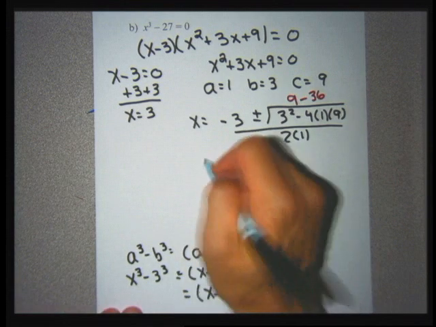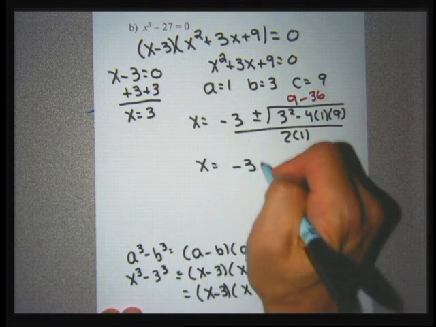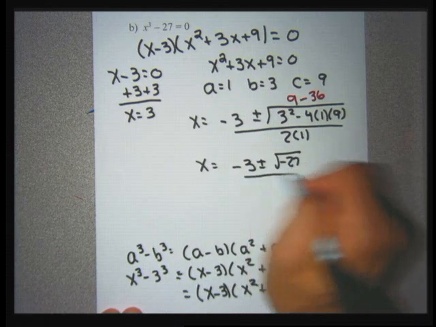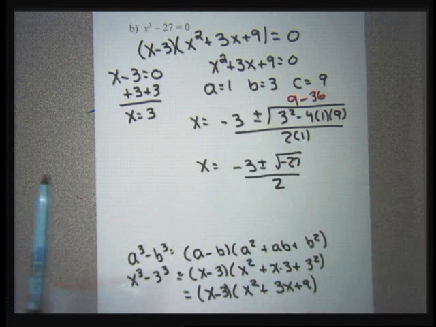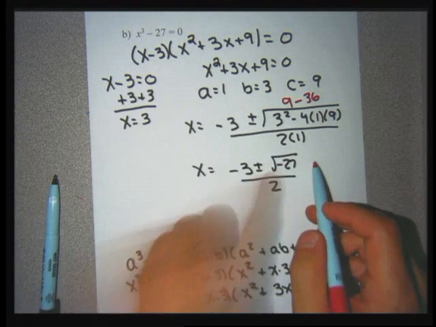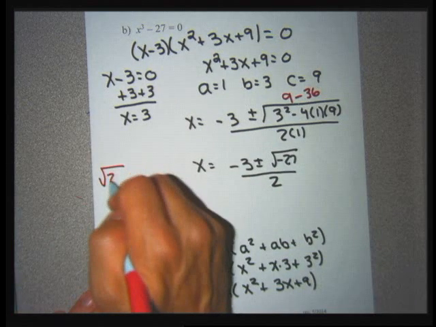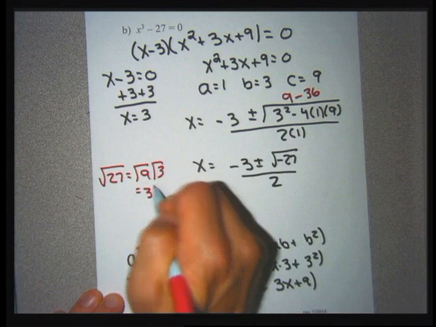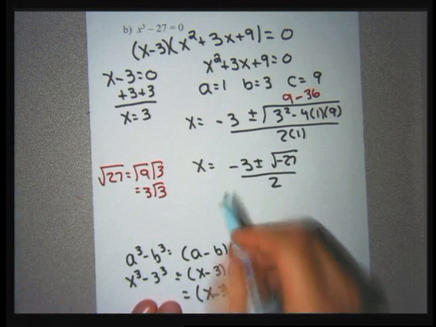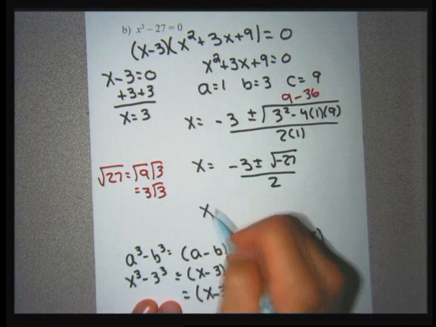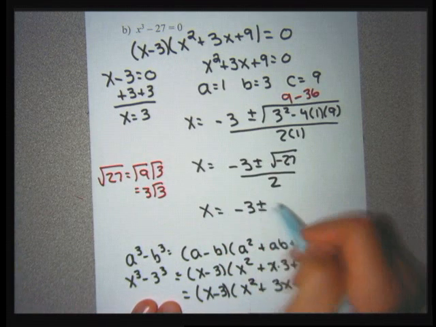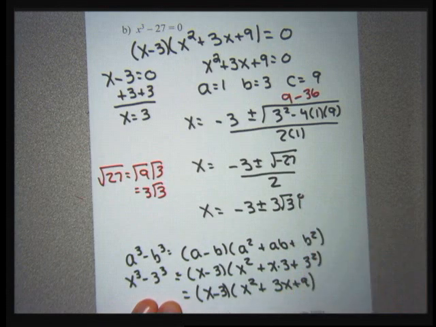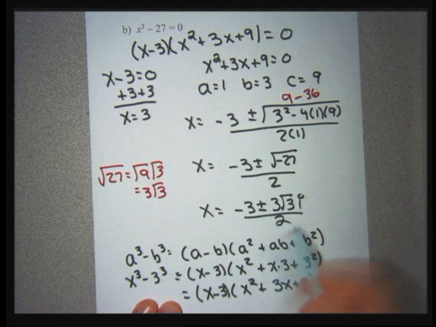So this is going to give me x equals negative 3 plus or minus the square root of negative 27 over 2. And then the negative 27 is going to give me an i. And then the square root of 27 is the square root of 9 times the square root of 3, which is 3 square root of 3. So I can rewrite this as x equals negative 3 plus or minus, and then 3 square root of 3 for the positive 27, and i for the negative 27, and over 2.